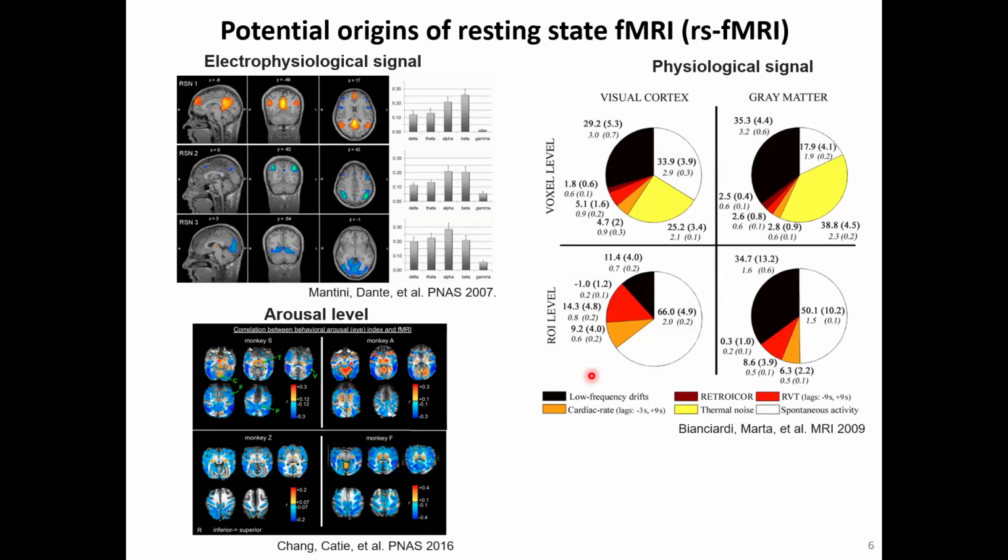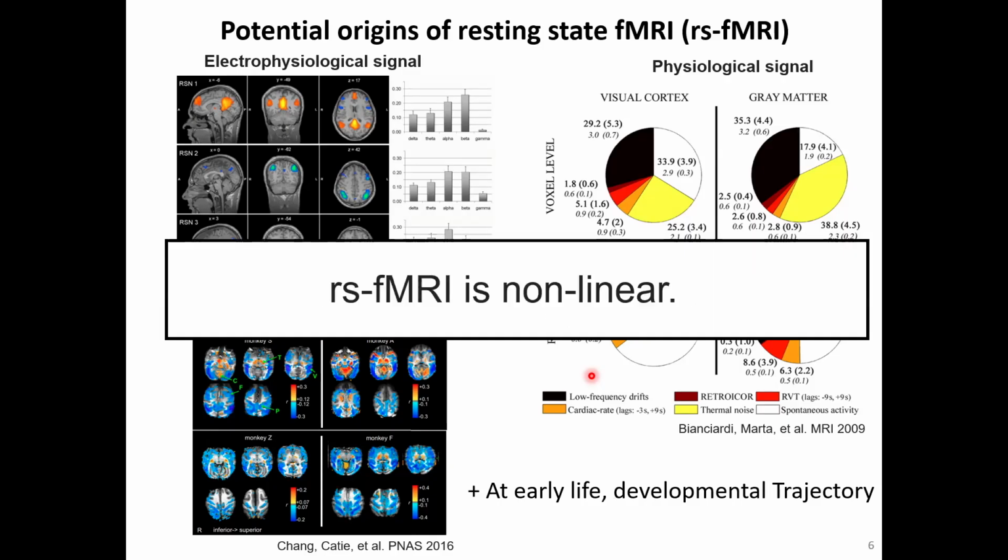Plus, for the fetal and the newborns, there is also the developmental trajectory. And it's very natural that all of those sources are converged non-linearly. Thus, we can think that resting state fMRI data is highly non-linear.